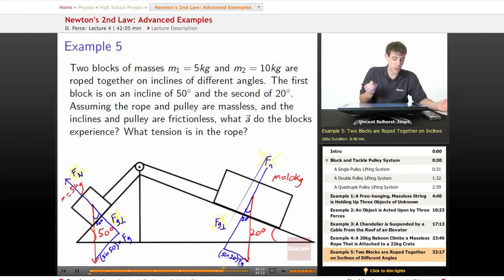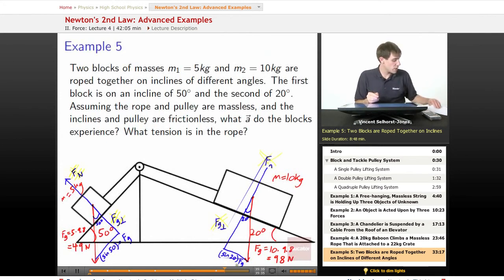We haven't figured out Fg yet, but that'll take no time at all. Fg is equal to 5 times 9.8, which is equal to 49 newtons. Over here, Fg is going to be equal to 10 times 9.8, which is equal to 98 newtons. So if we want to figure out the parallel components, we just plug it into our calculator.